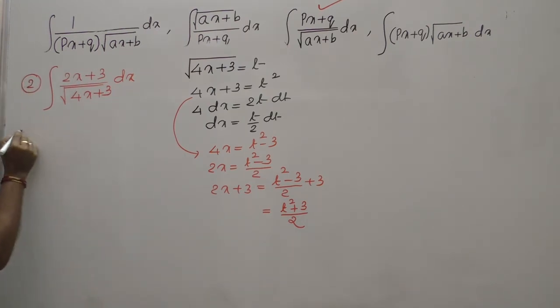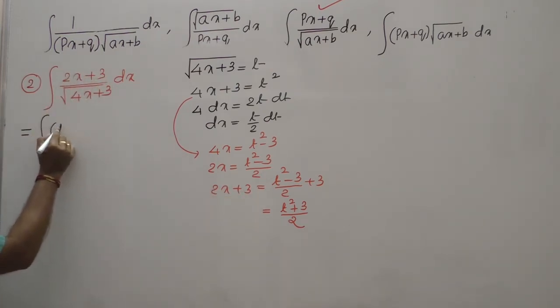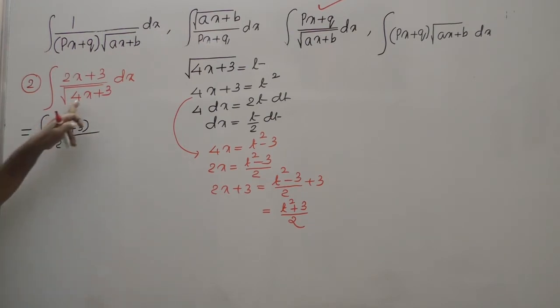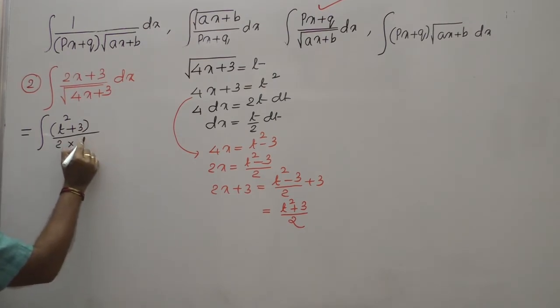Therefore, substitution is change of variable. 2x plus 3 is there. In place of 2x plus 3, I can write (t square plus 3) divided by 2 into, what is this? Root over 4x plus 3. According to substitution, it is t.